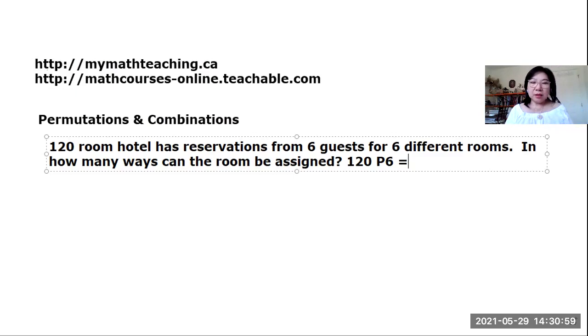So the answer is very big. It will be 2.6 times 10 to the power 12. So that's the answer. Now, sometimes you might say, oh, why is it too big like that? It doesn't make sense. But that makes sense in math.